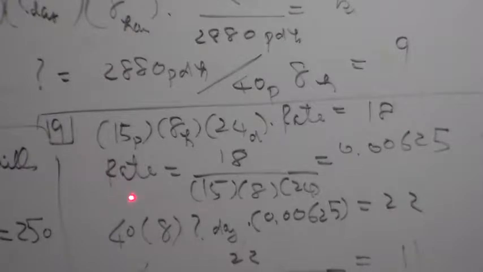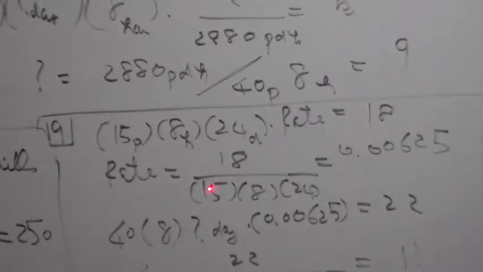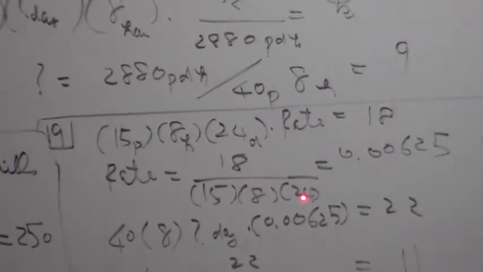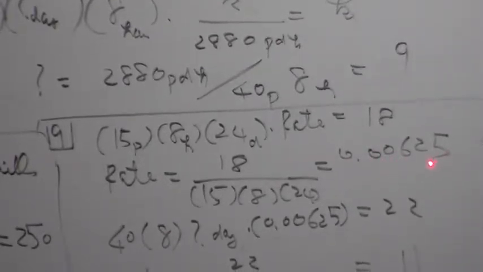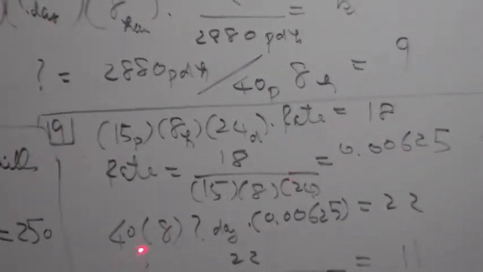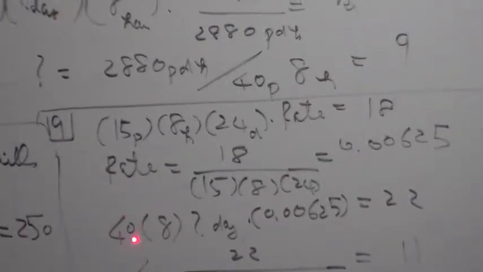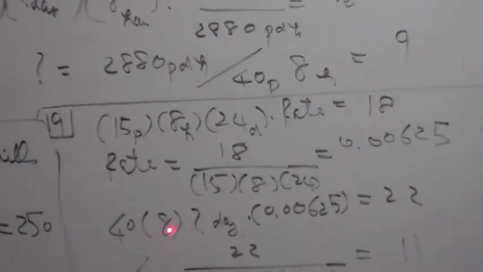So we have to figure out the rate: 18 divided by 15 times 8 times 24. So their rate is 0.00625.